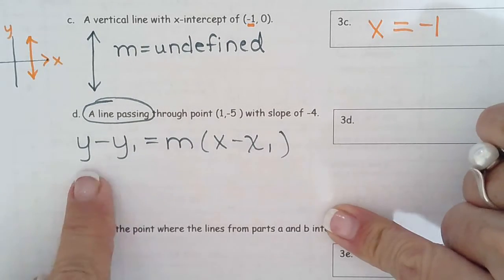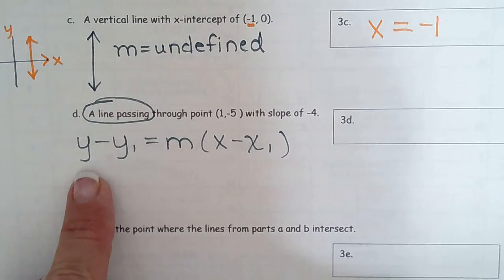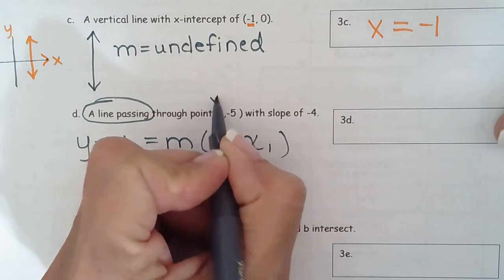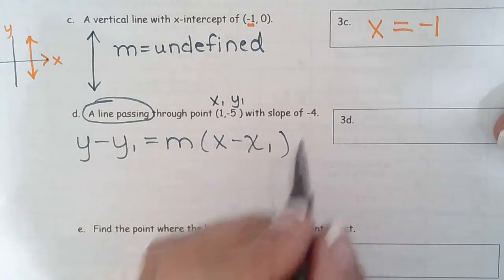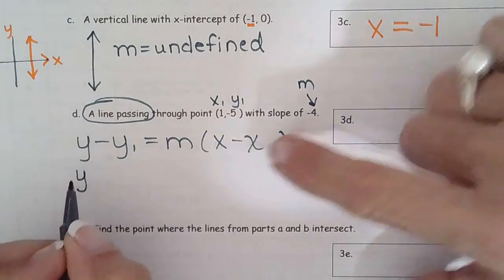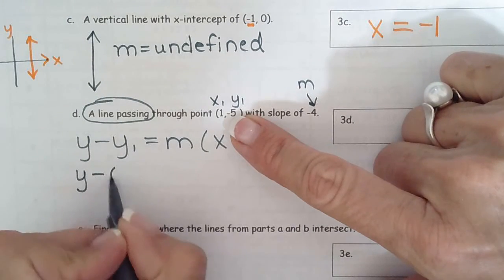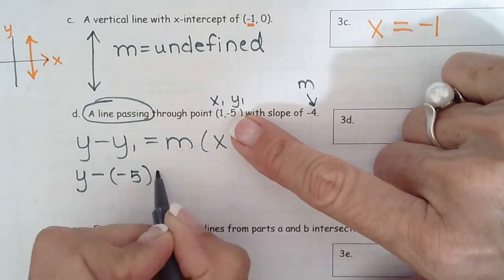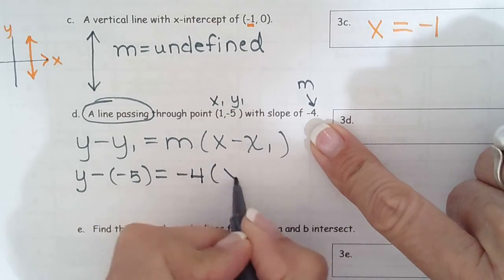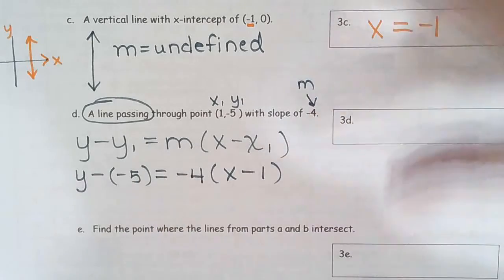So that's always the equation we use unless they give you the y-intercept. So this is going to be my x1, this is going to be my y1, this is going to be my m. So y minus -5 equals m, -4, times x minus 1.